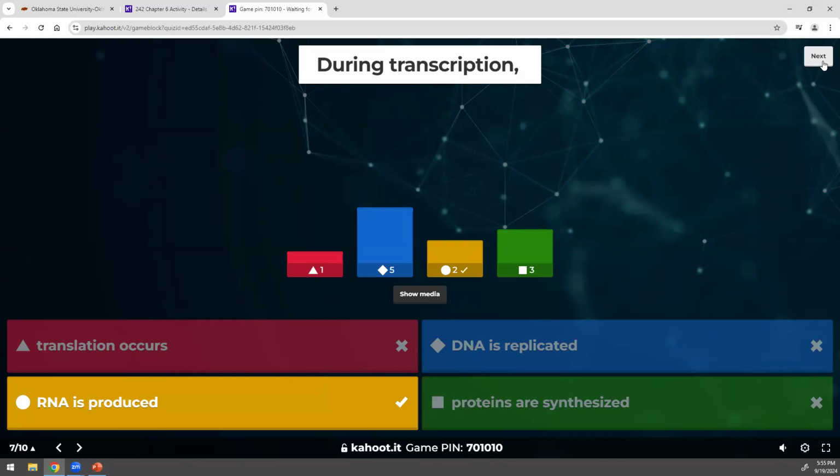So DNA going to DNA is called replication. DNA going to RNA is called transcription. Remember, script is like writing basically the same language.